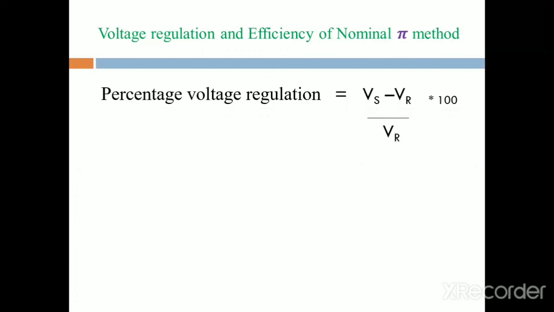There are separate marks for that equivalent circuit diagram. These are the various formulas for the nominal pi method, and the voltage regulation and efficiency formulas for the nominal pi method.